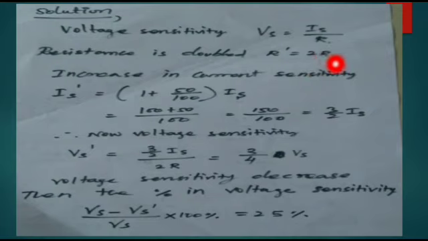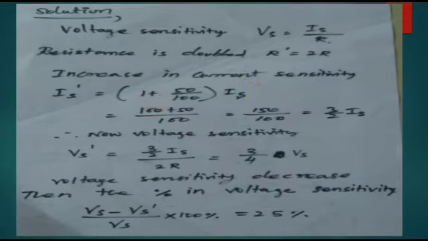Then the current sensitivity also changes. Therefore, for the increase in current sensitivity I am taking Is dash, which is equal to 1 plus 50 divided by 100 into Is. Sir, how did it come?